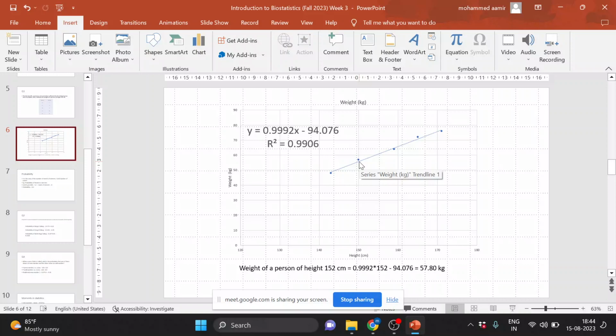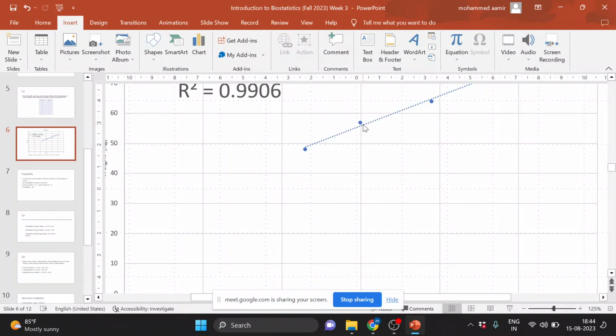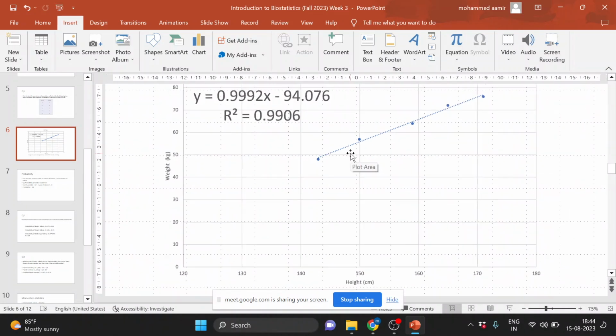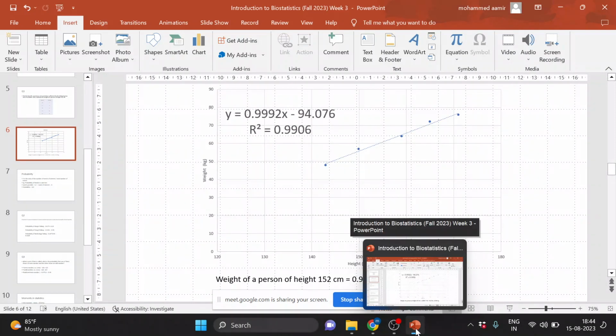For example, if I zoom in, this dot is your y actual value, and your y predicted is on this line. When you do yi minus yi predicted for that ith value and square it, and then add all of those, you get something known as SSR, your sum of residual squared.